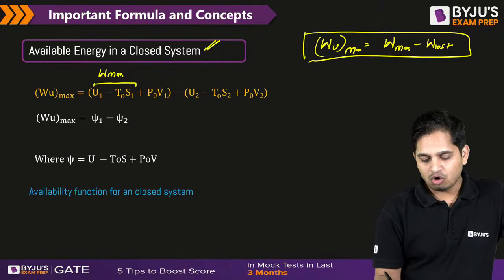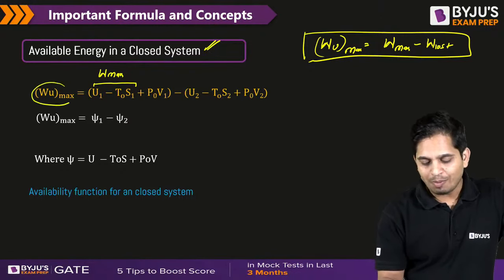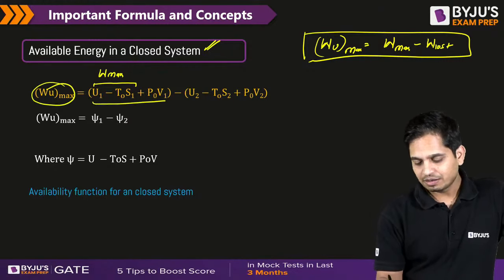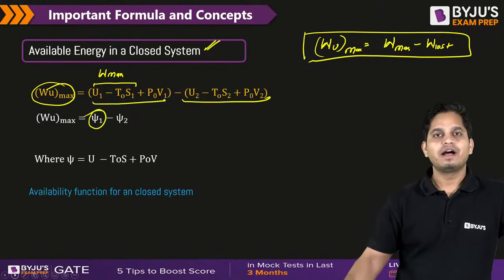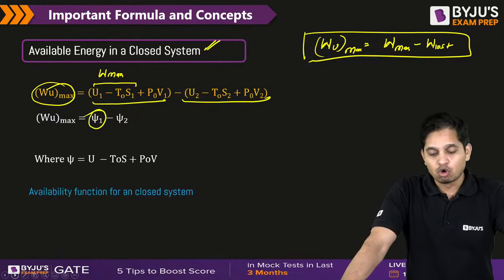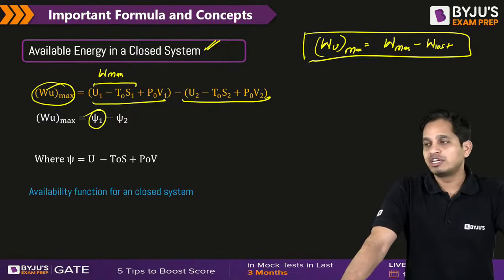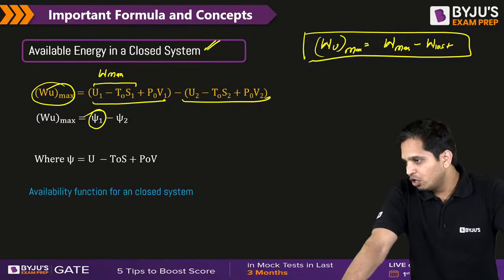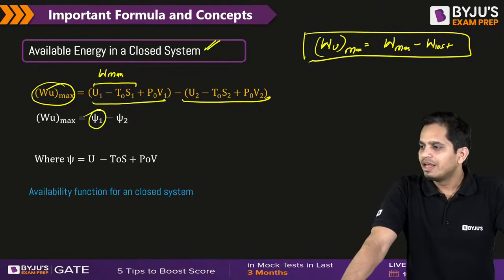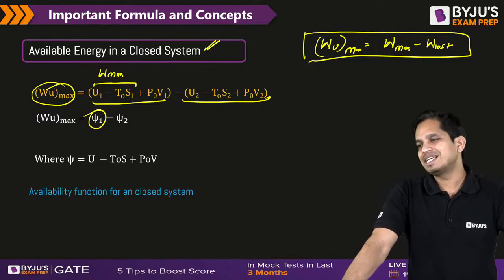Now W max will be this minus this, and this is called the availability function for the closed system. Availability is greater than or equal to available energy.